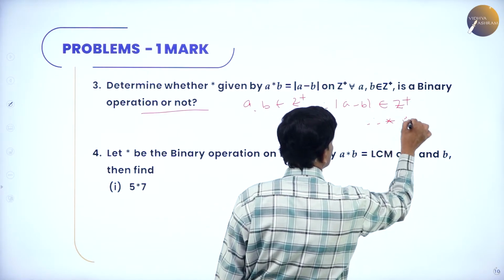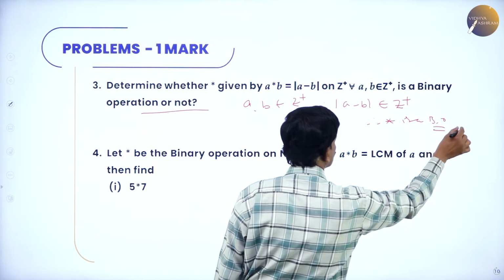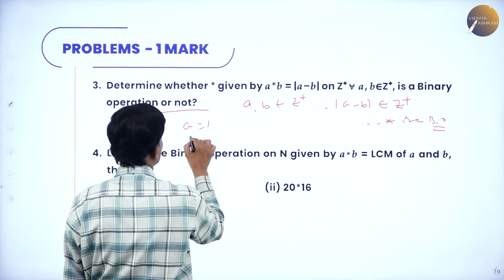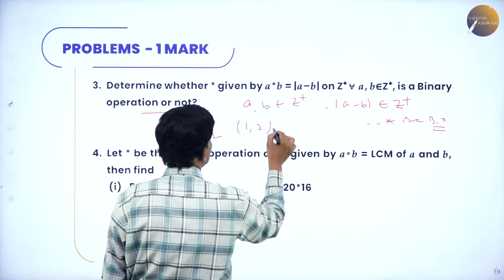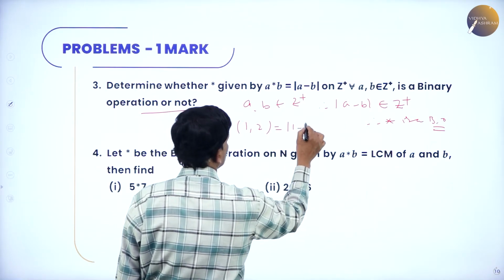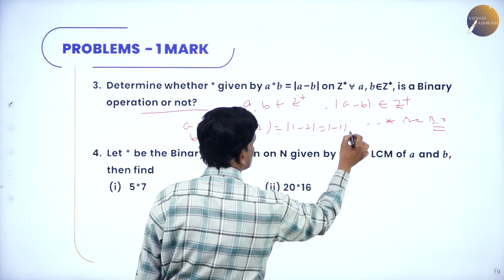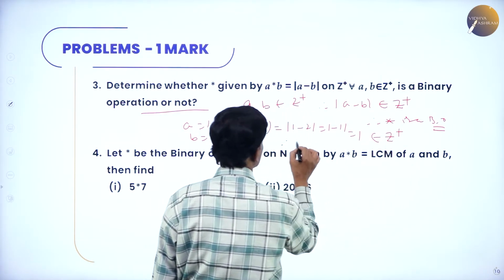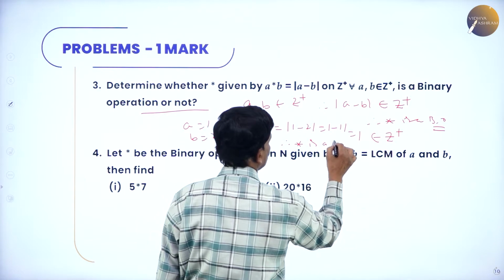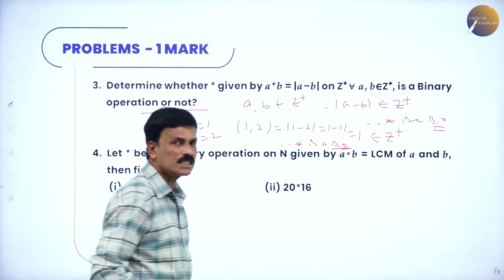Therefore star is a binary operation. If you want, you can take a is equal to 1 and b is equal to 2. 1 star 2 is equal to mod of 1 minus 2, that is equal to mod of minus 1, which is equal to 1, belongs to Z plus. Therefore star is a binary operation on Z plus.